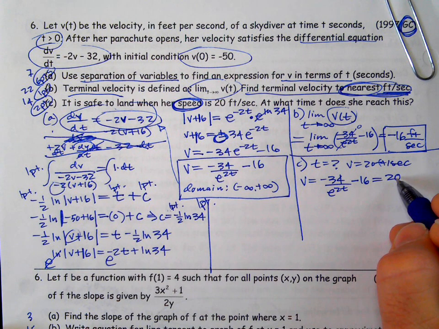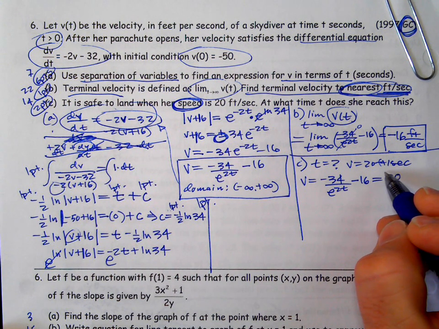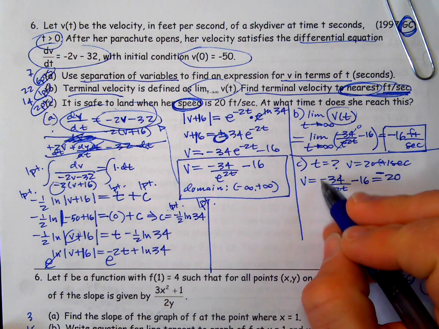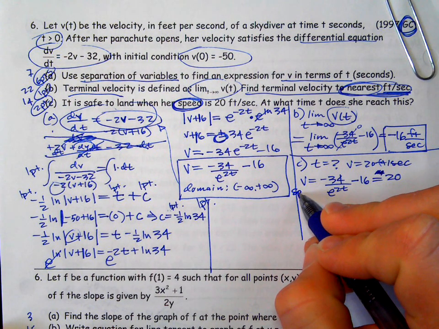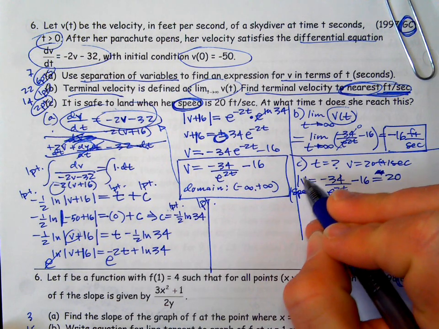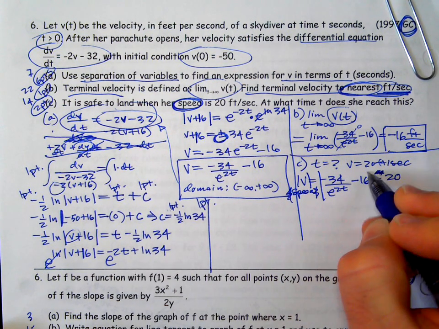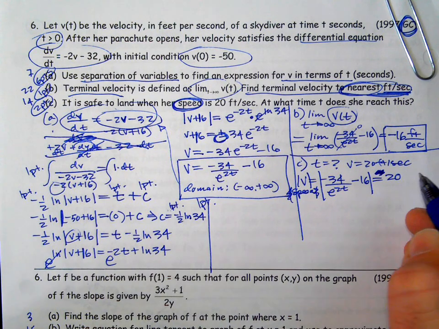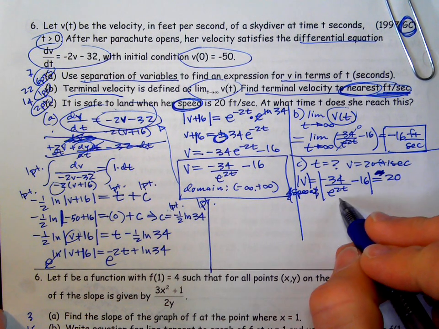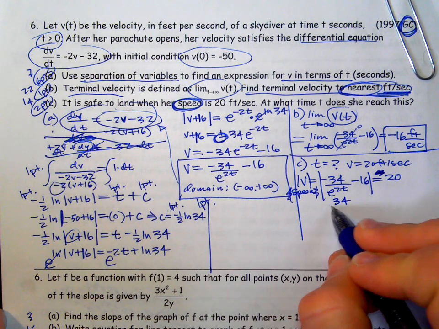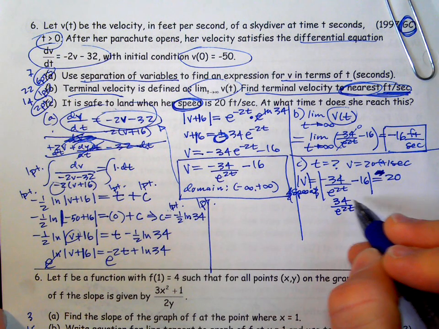But we know we're going down, right? So this is the tricky part here. Speed is the absolute value of velocity, right? And it's going to be equal to 20. So that's going to be when the absolute value of this, because that's always going to be positive, right?